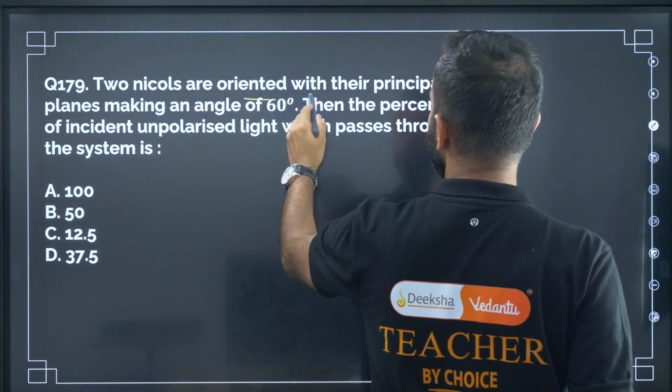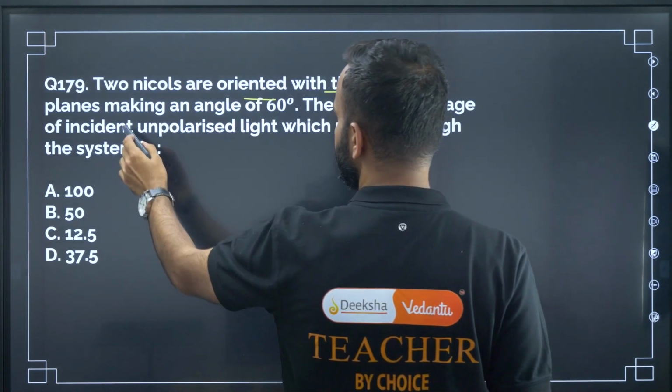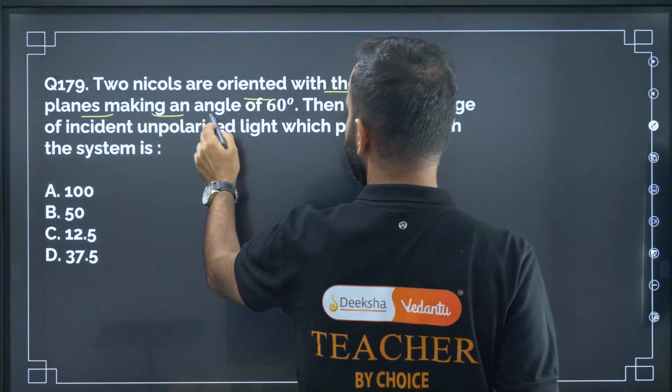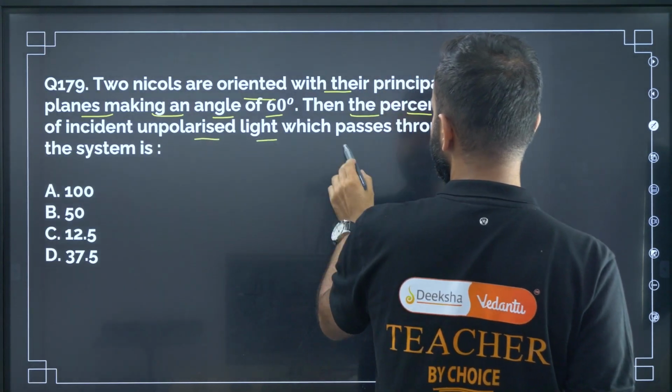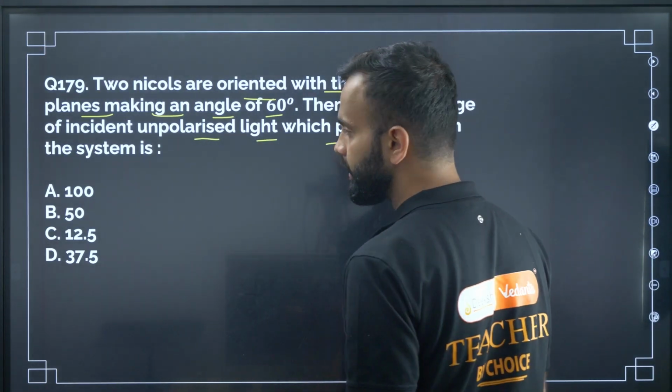Two nicols are oriented with their principal planes making an angle of 60 degrees. Then find the percentage of incident unpolarized light which passes through the system.